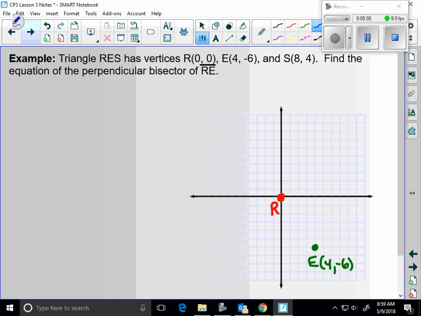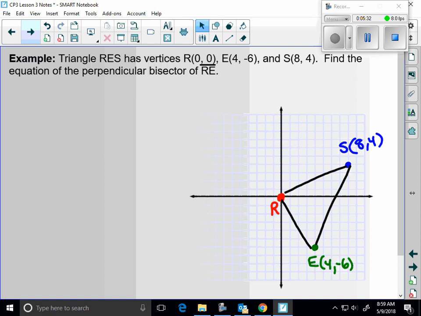And point S is 8, 4. Over 8, up 4. Okay, so what we have here is a triangle. Looks like that.